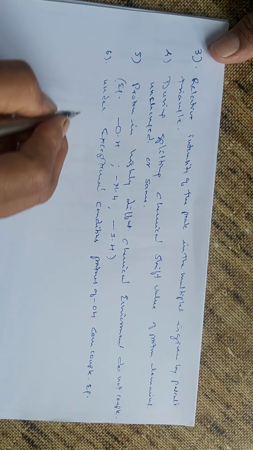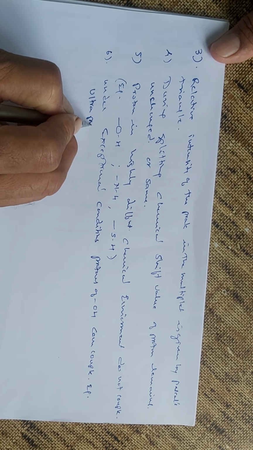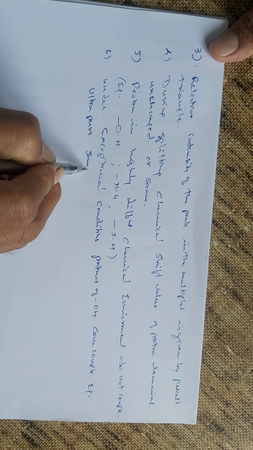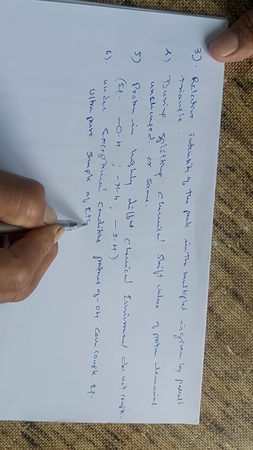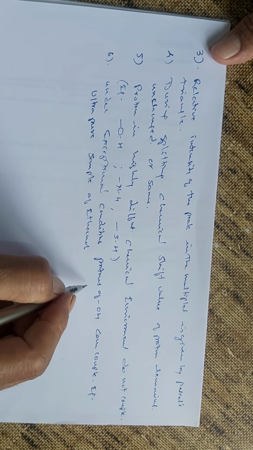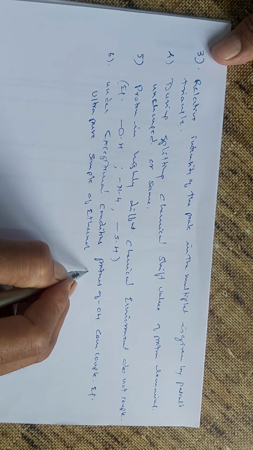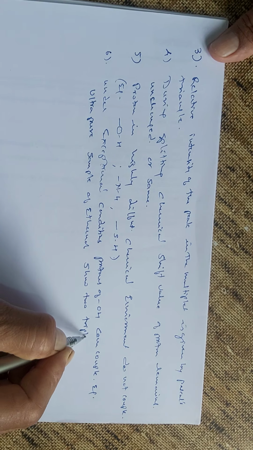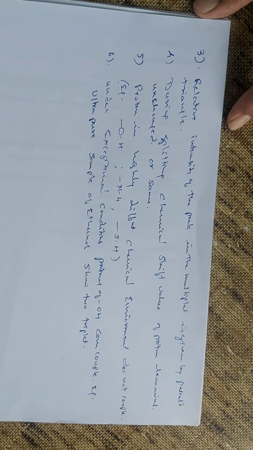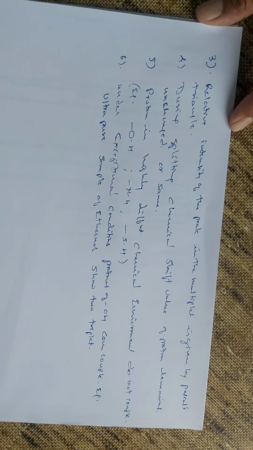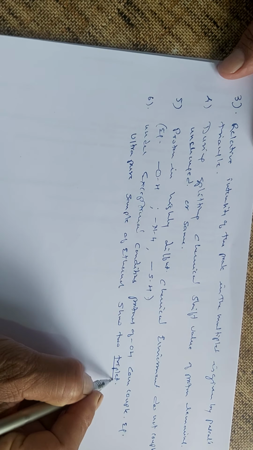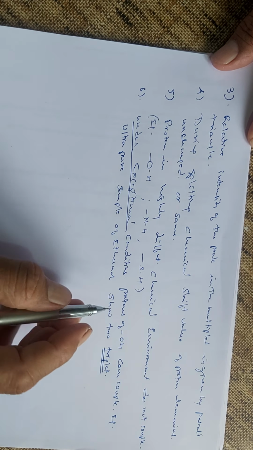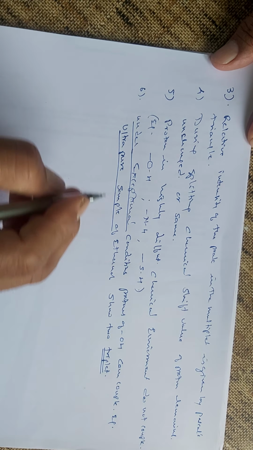For example, an ultra pure sample of ethanol shows two triplets. This is a very exceptional case, so we cannot consider it all the time. Only a very ultra pure sample of ethanol will show this.